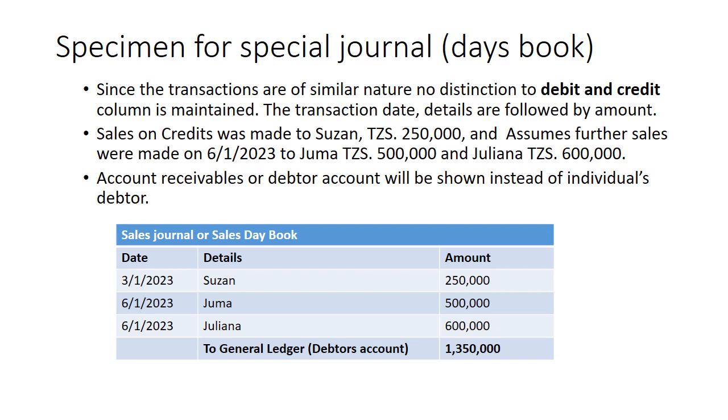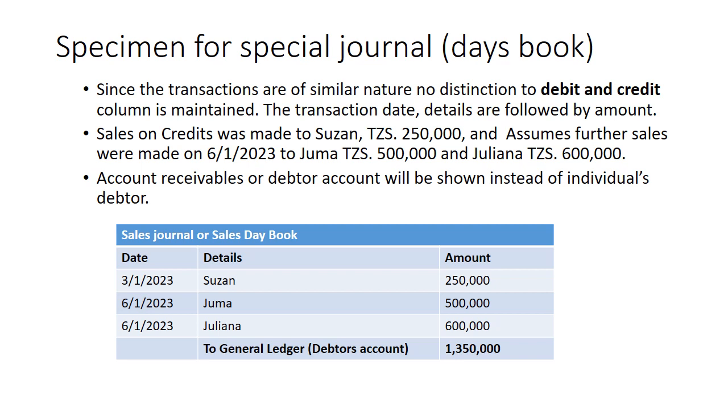To show a special journal, that is the sales journal or sales daybook, we need to have columns for date, details, and amount. This should show the date of the transaction, details, and amount. In this case, the general ledger, which has a debtors account and a sales account, will be shown by a total amount.